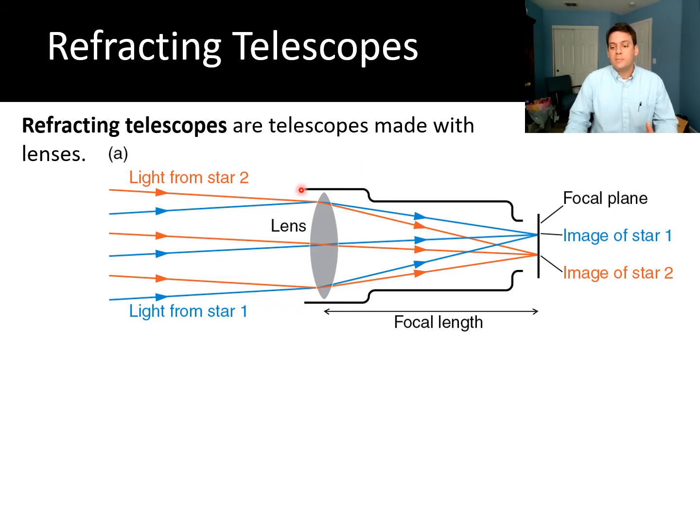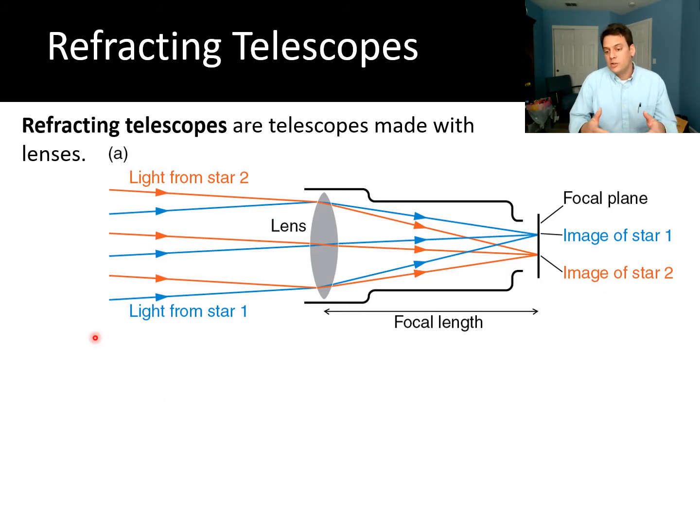And so the upshot is that these rays came from two different stars in the sky. They're refracted through the same lens, and they form images on the same focal plane, but obviously in different locations. So it starts to get pretty cluttered even with just 6 rays drawn here.